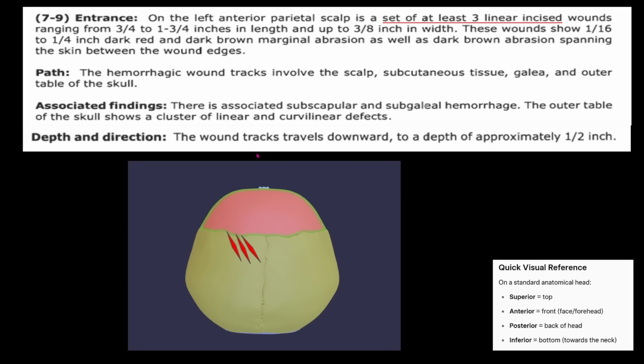This is actually talking about the outer edge of the skull, which is going to be the center of the forehead on another cut, which we've identified as the A. It's a 1/2 inch. So these are just 3 straight cuts right here, which is very, now that I look at this, good grief, it's associating these 3 linear incised wounds with the cluster of the linear and curved linear defects, which is right here on the forehead, the A.